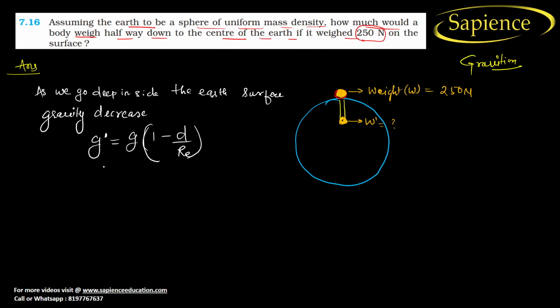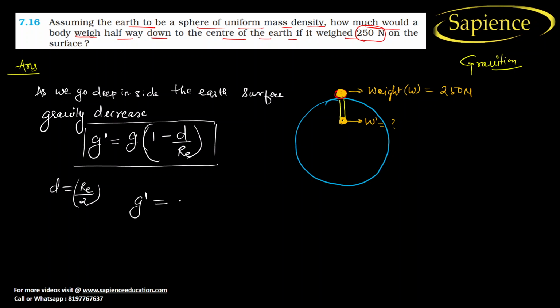As per the question, the depth is equal to the radius of the Earth by 2. So g dash is equal to g into 1 minus Re divided by 2Re. It cancels out, so g dash is equal to g by 2.